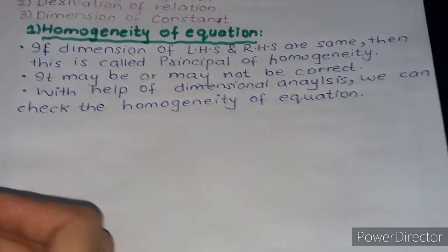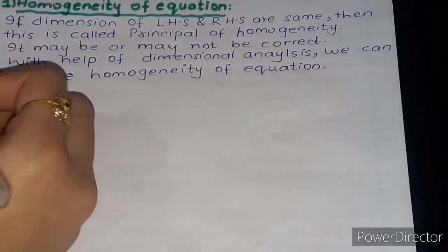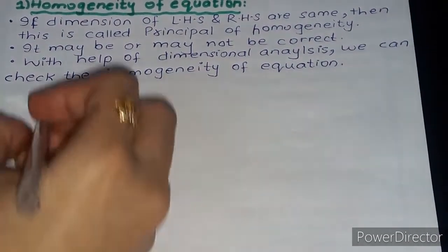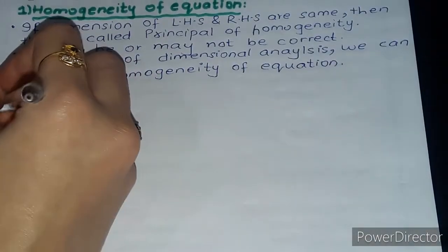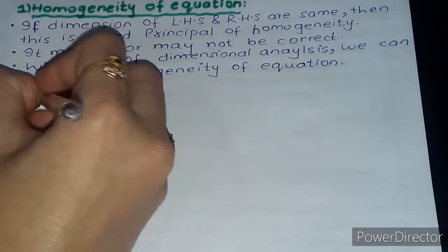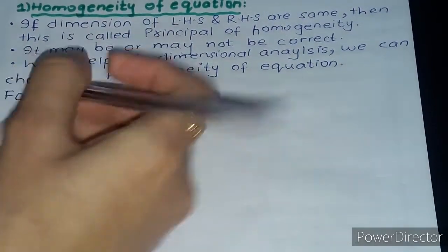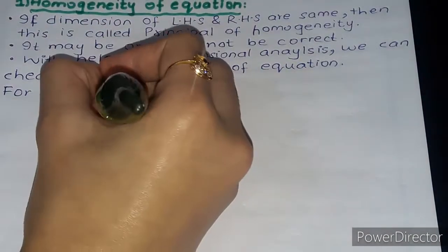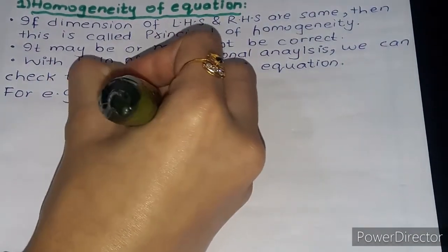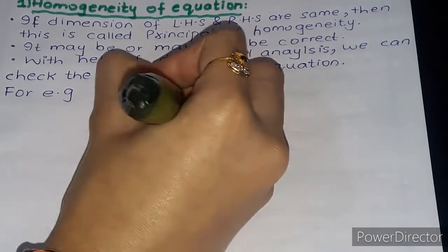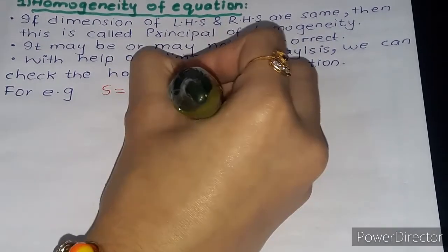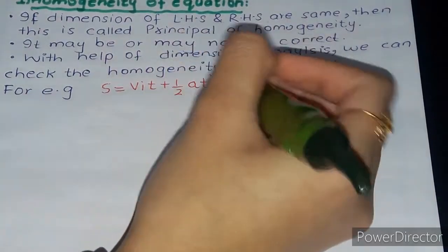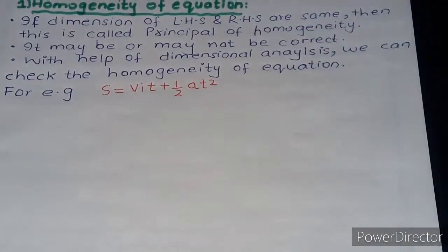Now, if we take some example to understand it more clearly, for example, if we take the second law of motion, S is equal to Vi t plus half AT square. So first we have to take the left hand side.